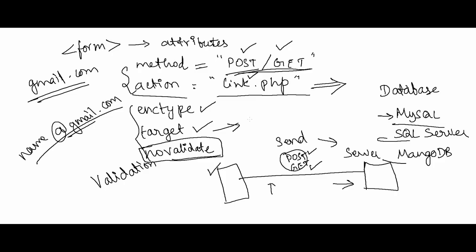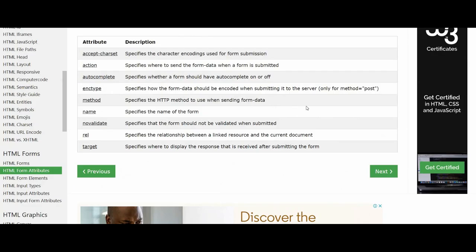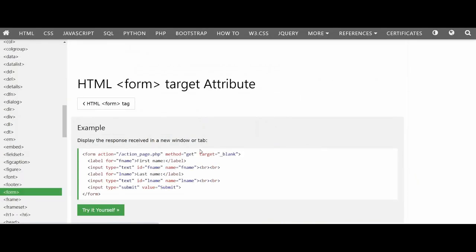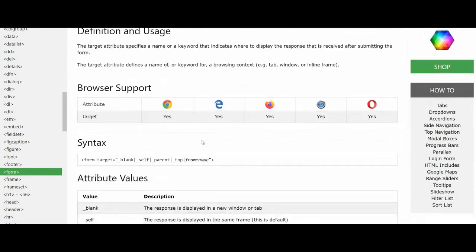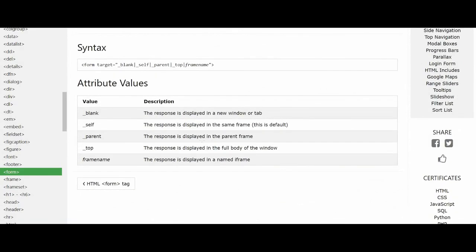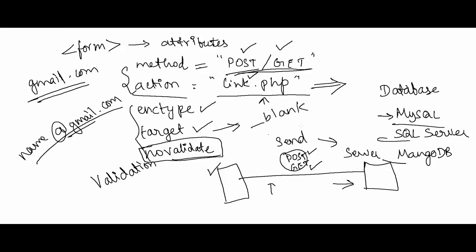Target is similar to action, but instead of this link, we are going to give _blank or _self.